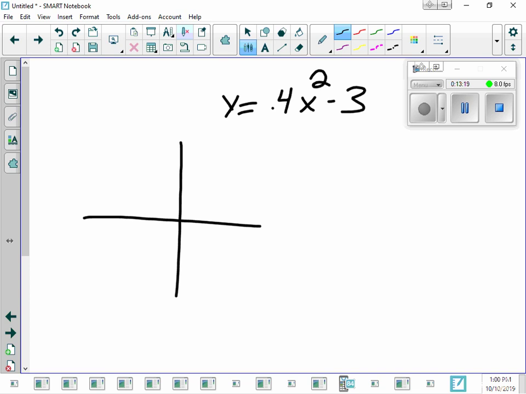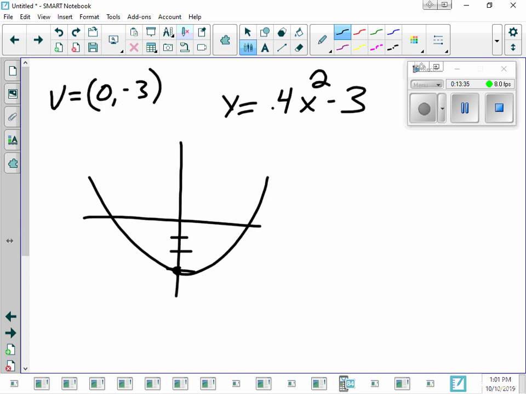Taller or shorter? Shorter, because 0.4 is less than 1. Good. What does the minus 3 do? Down 3. So 1, 2, 3, and it's wide. And the vertex is 0, -3. And the axis of symmetry is x equals 0, which is the line right down the middle.